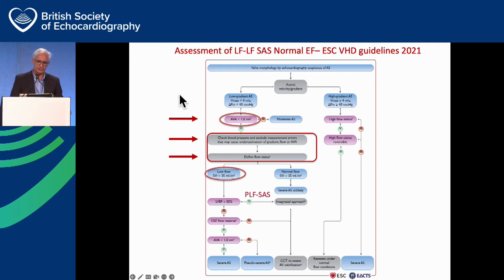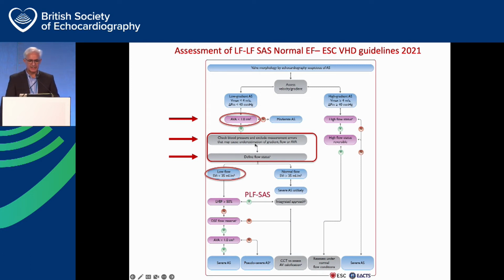Once we have measured the aortic valve mean gradient and peak velocity, that will fulfill the low flow, low gradient phenotype. We look at the aortic valve area less than 1 centimeter squared. The most important thing, and that's what the guideline emphasizes, is to correct for the blood pressure values, and they said that 140 mmHg or below should be the blood pressure that we are achieving in patients before we do the echo measurements of their flow, gradient and velocity.